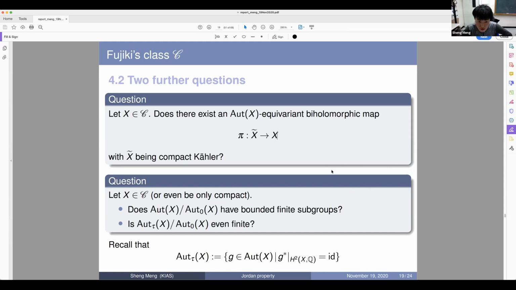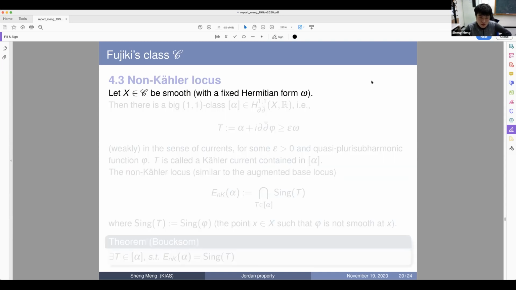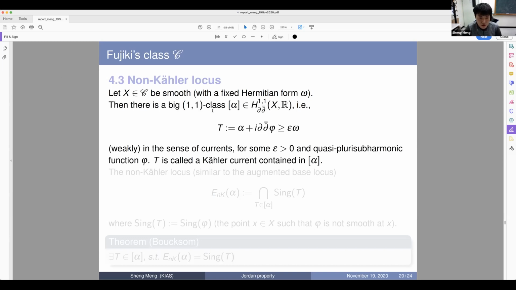Okay, so we use our techniques to find a good invariant locus called the non-Kähler locus. So let X be smooth, in Fujiki's class, with a fixed Hermitian form omega. It is known that this is an alternative definition.